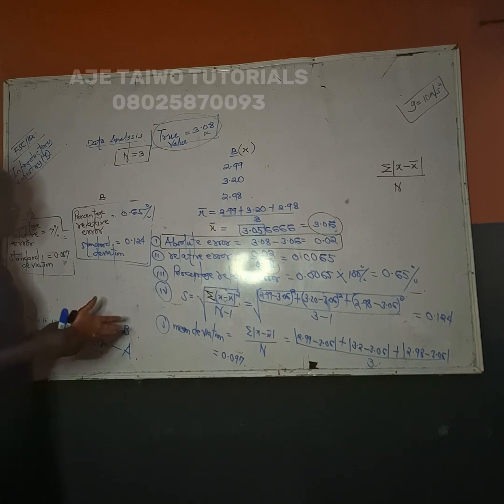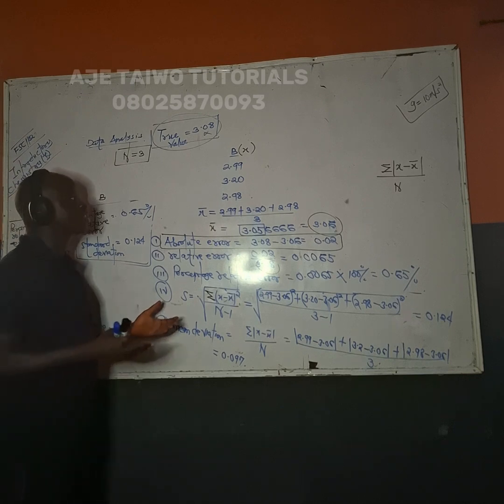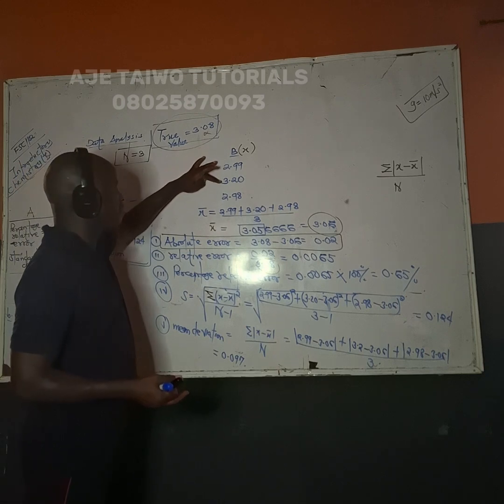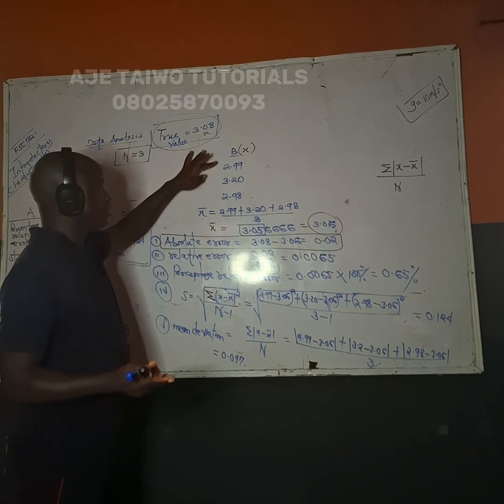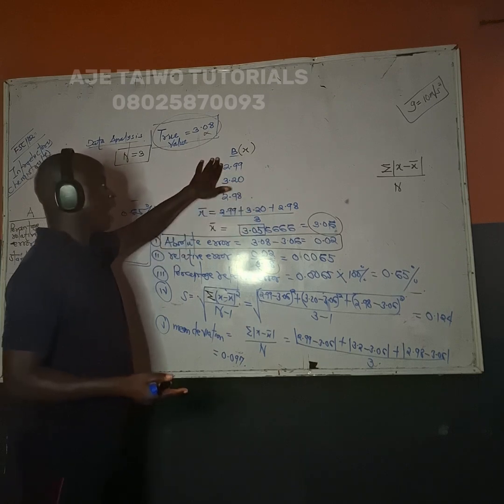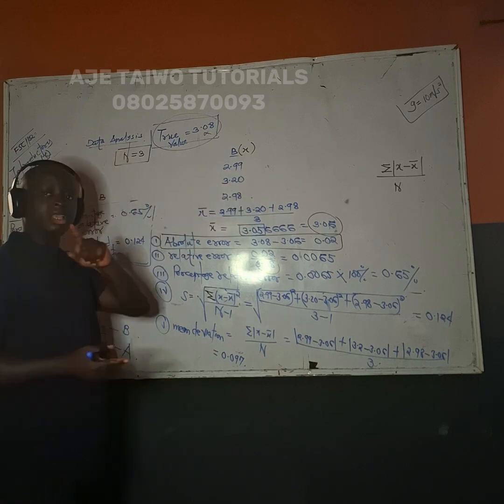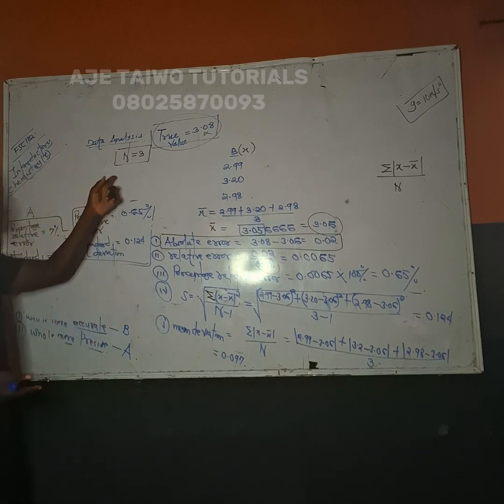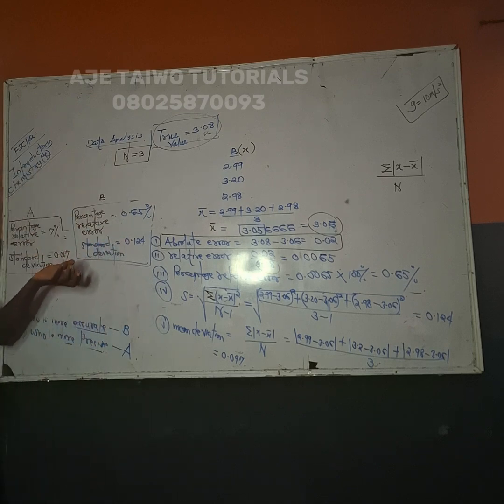So, to know who is more precise, precision means how close are the values? Yes, these values are not close. 2.99, 3.20, 2.98 are not close. But for A, the values I gave you are close. That's why A is more precise.